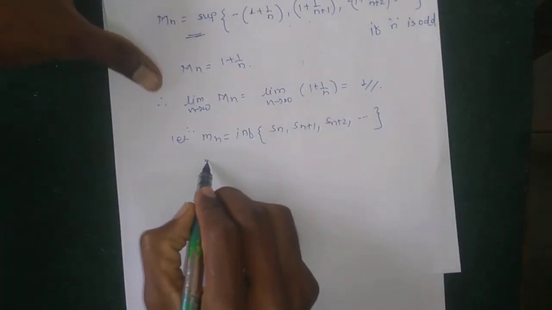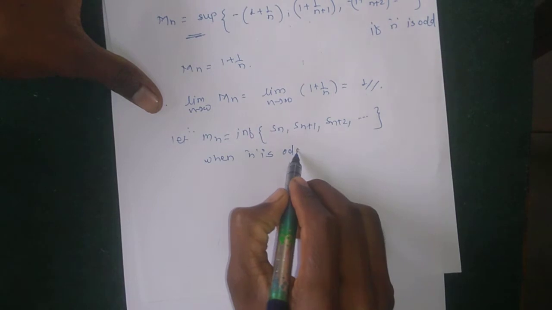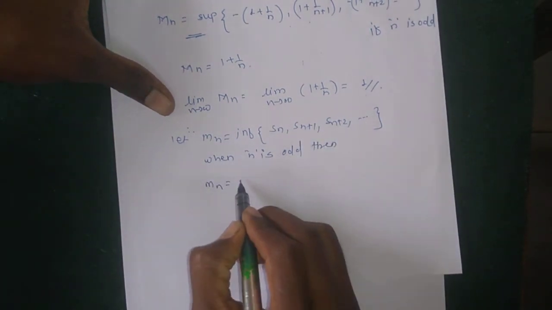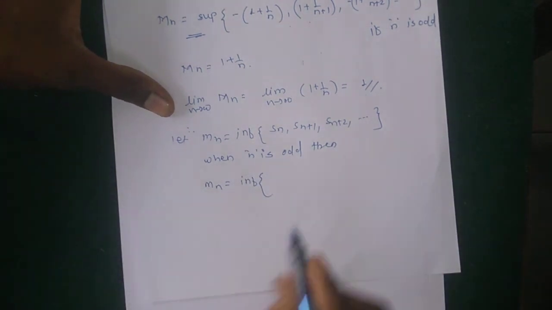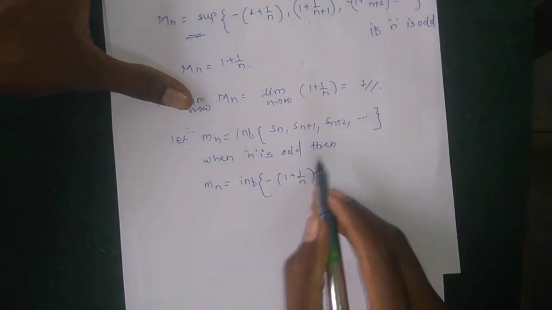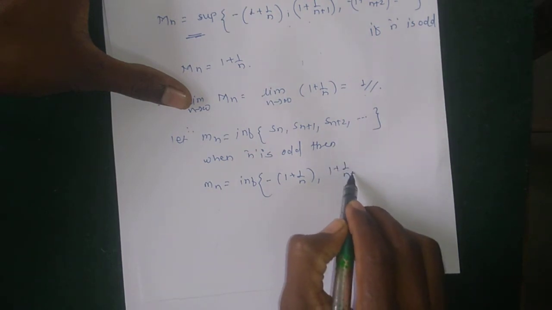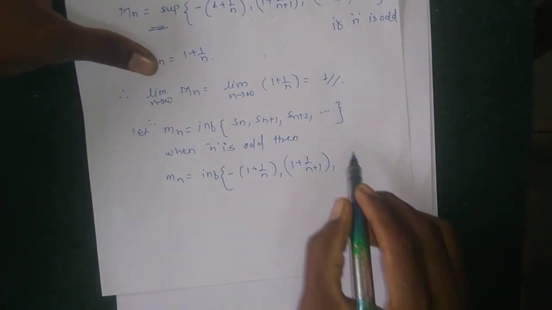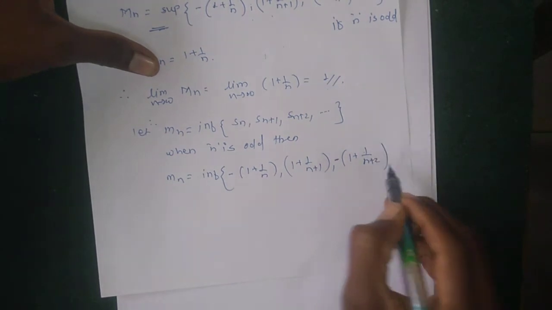When n is odd, then the value of mn is equal to the infimum of, when n is odd, minus 1 plus 1 by n, then the second value is 1 plus 1 upon n plus 1, then the third value must be minus of 1 plus 1 upon n plus 2.